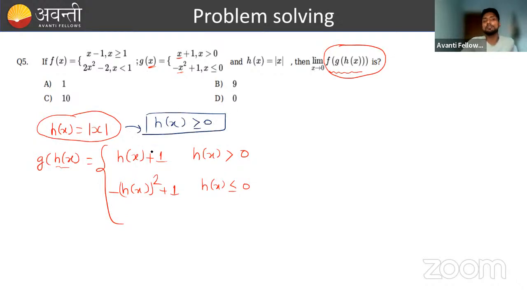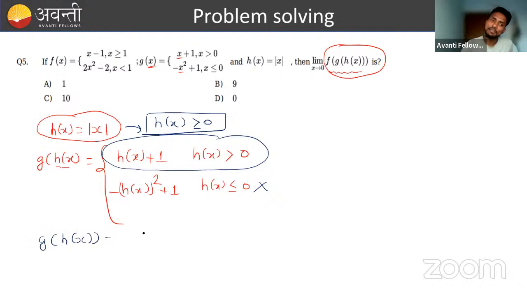It means definitely we will consider this function only, because h of x is always greater than 0. The other case can't be possible, because h of x can't be negative, as it is a mod value. So from here what we have got is g of h of x equals h of x plus 1. Because here it wouldn't work. And what is h of x? It is mod x. So this is mod x plus 1.